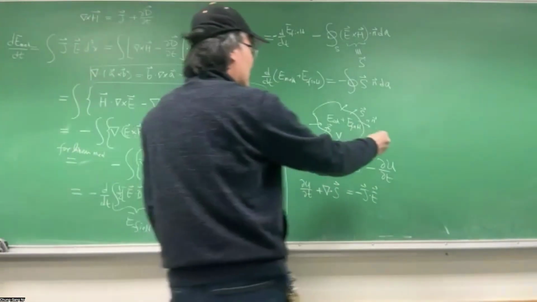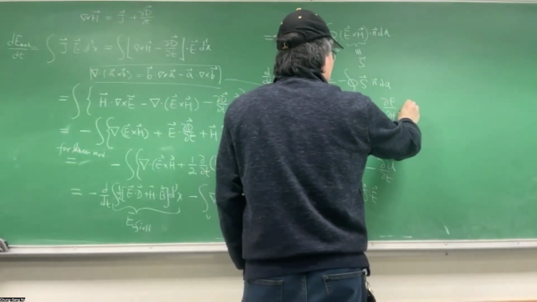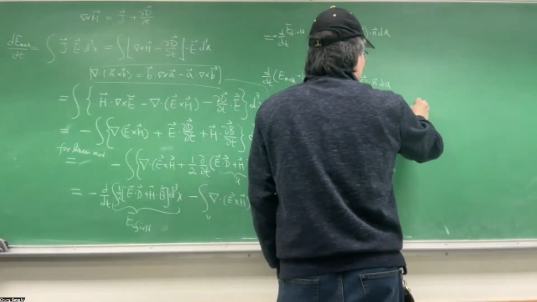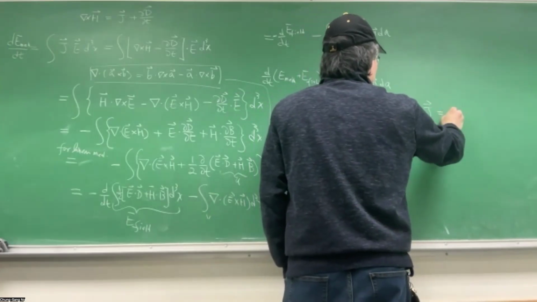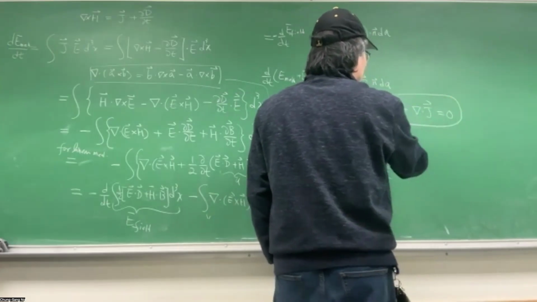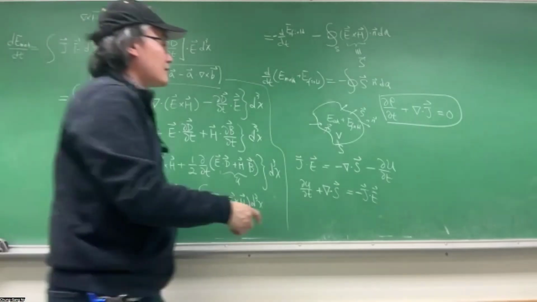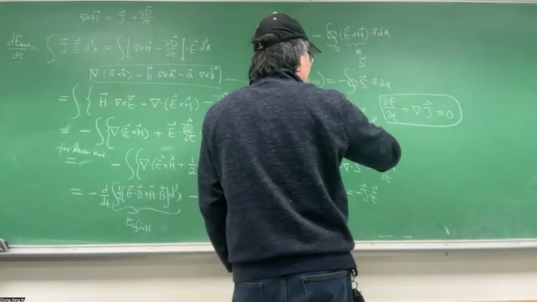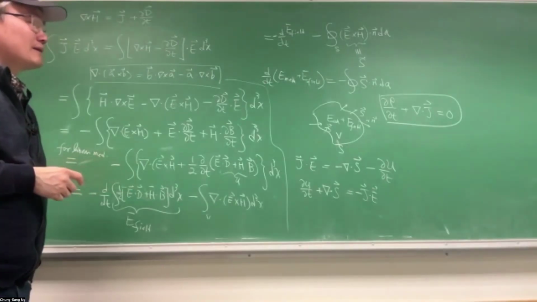If you have continuity of charge, because the charge will not be created or dissipated, you have partial rho over partial t plus divergence J is 0. This is the continuity equation for charge. This is the charge density. This is the current density. Current density you can interpret as charge flux, right?